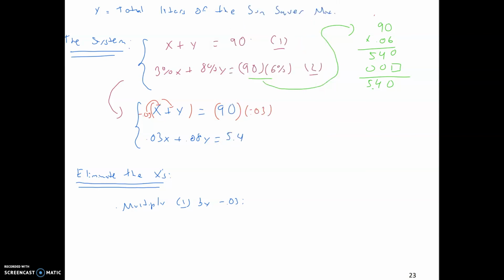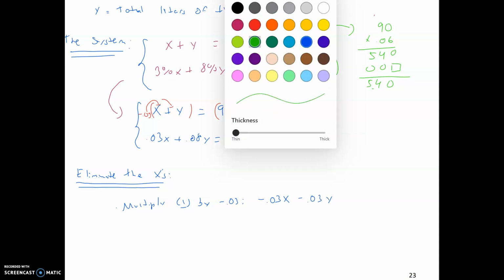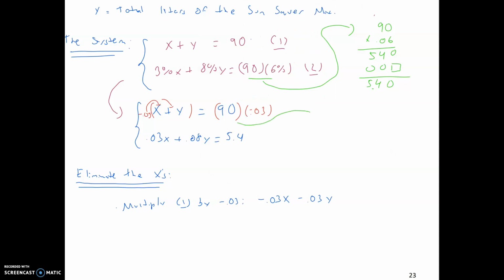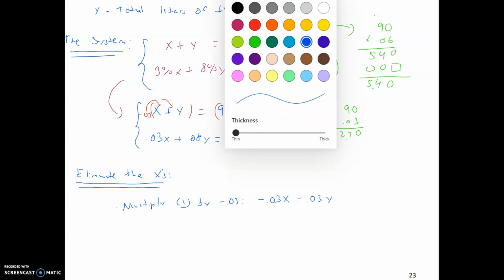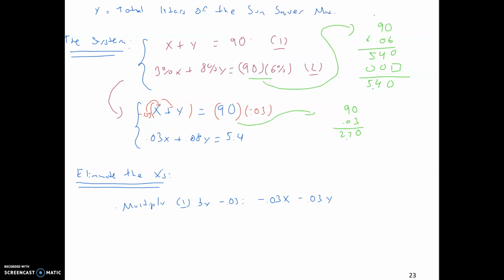So on the first two, it's negative 0.03x minus 0.03y. And then 90 times 0.03 is 2.7. It's actually negative, so this is equal to negative 2.7.